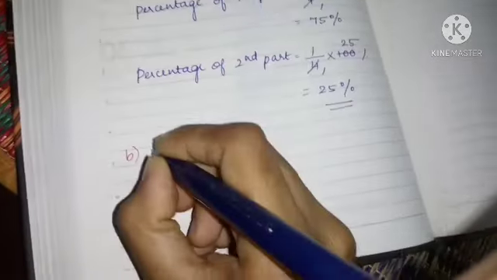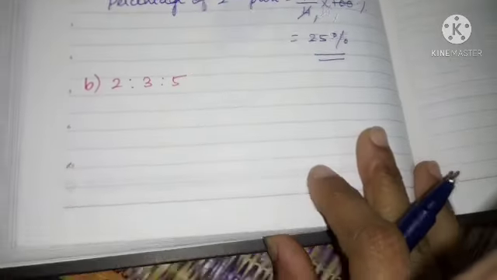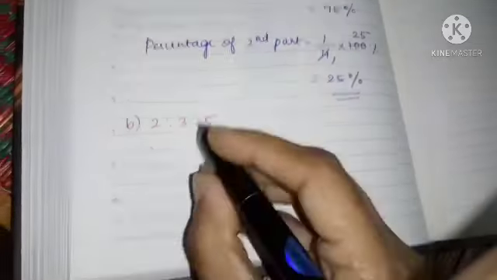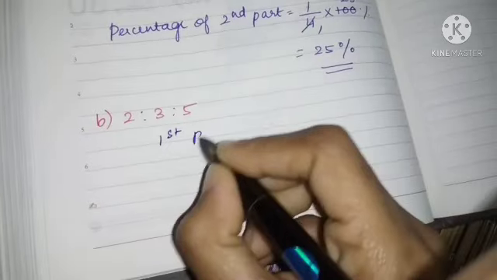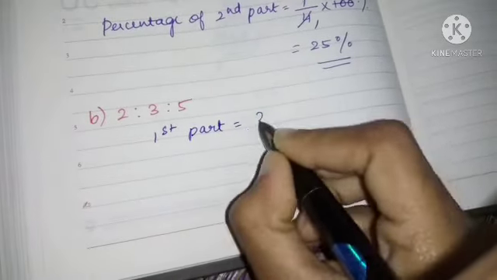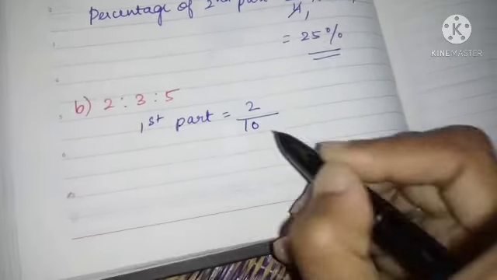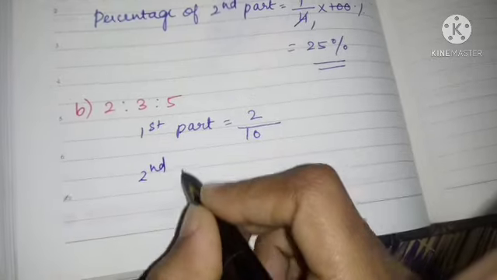Next, B subdivision. 2:3:5. Here we have a comparison between 3 parts. What is the first part we are denoting? 2 divided by 2 plus 3 is 5, 5 plus 5 is 10, because your total parts is 10. Next, second part.